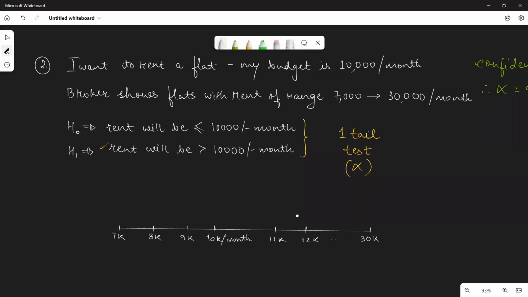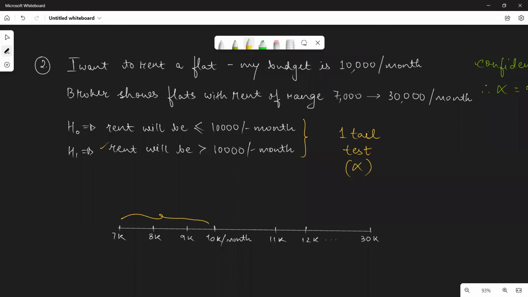Now H0 says rent will be less than equal to 10,000. That means less than equal to 10,000. This part of the graph, less than equal to 10,000, that means 7,000, 8,000, 9,000, and 10,000 also.